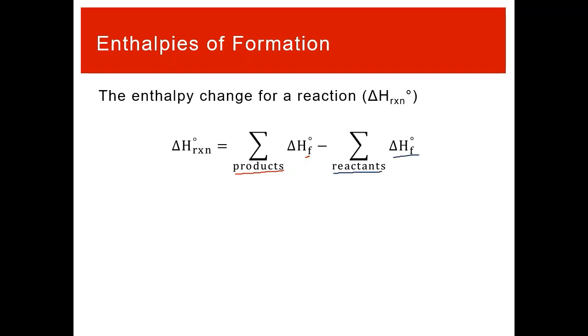So this is why we have all those tabulated values. Basically, for any chemical reaction, we can figure out what the delta H is for that reaction based off knowing the tabulated enthalpies of formation for all of the component substances.